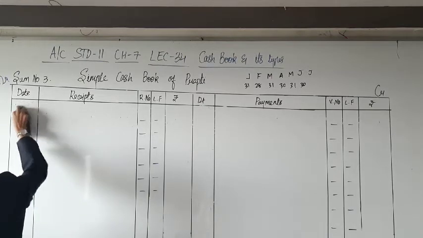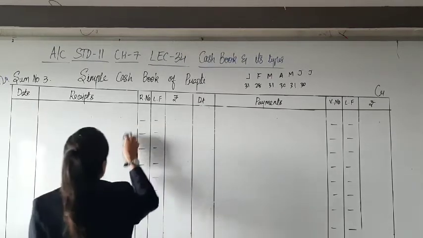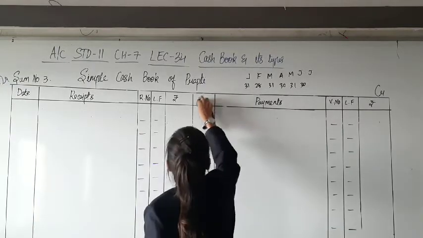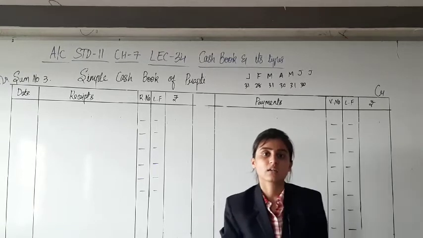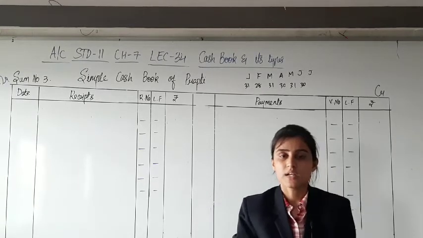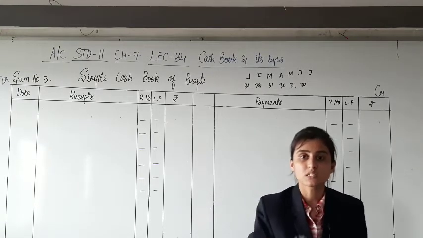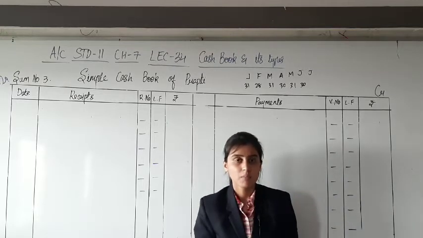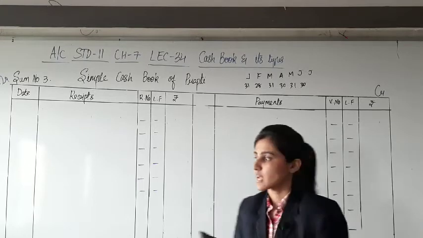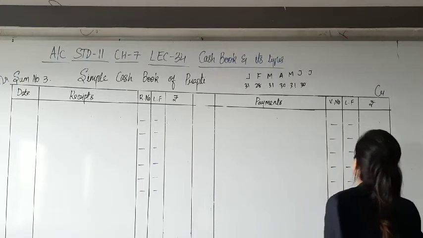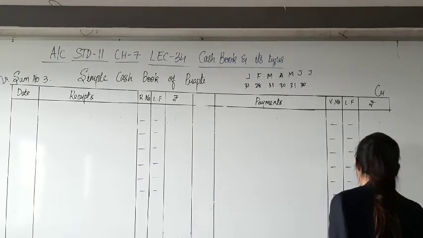and before that let us talk about discount a bit. Discount is of two types, trade discount and cash discount. Trade discount, as you know, is just to be calculated but is never shown in the books of accounts. Cash discount is to be calculated and is also shown in the books of accounts.